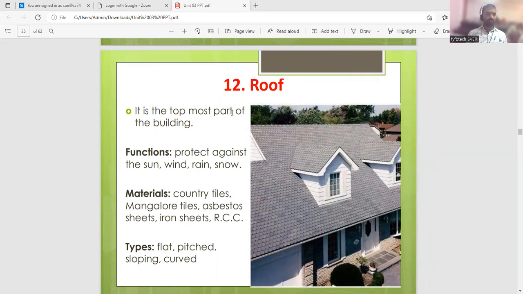Then function: protect against the sun, wind, rain, snow. Then materials: country tiles, Mangalore tiles, asbestos sheets, iron sheets, RCC.